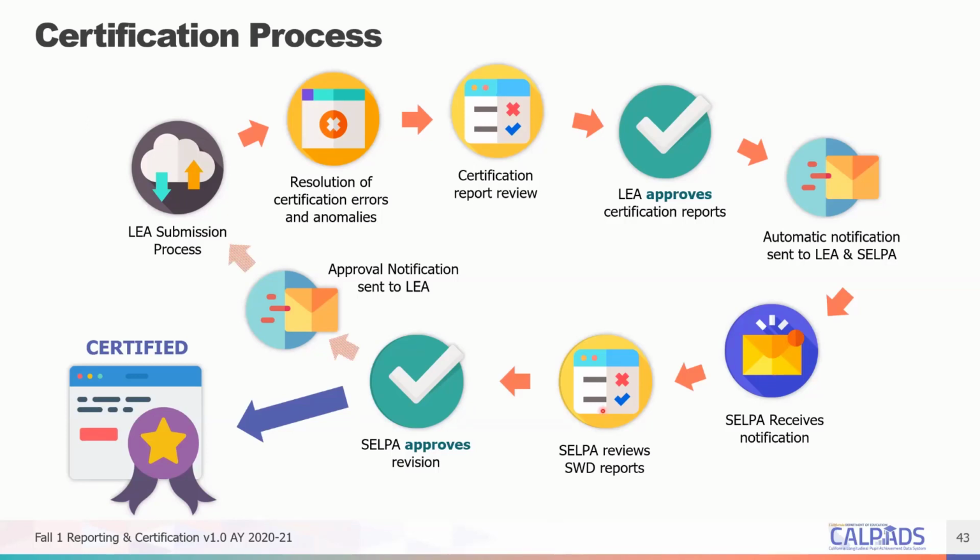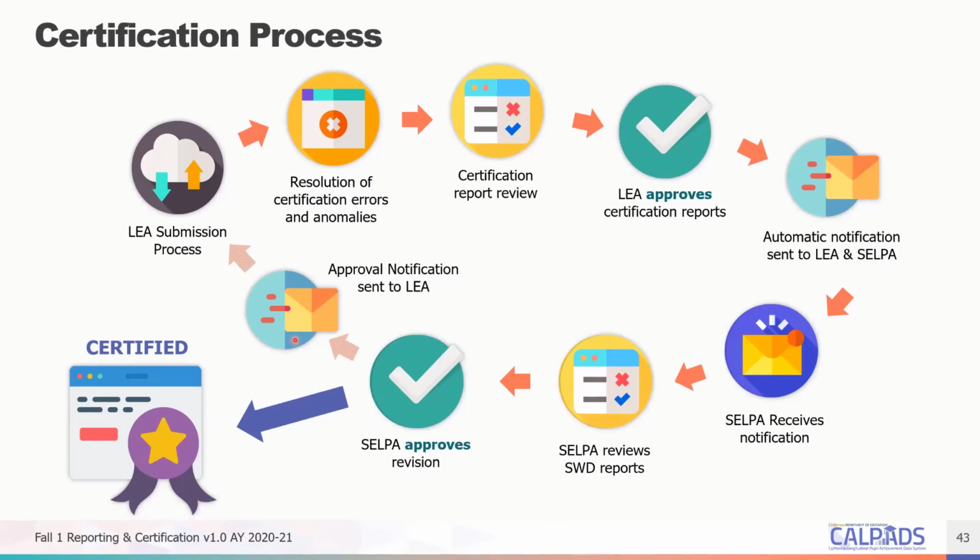They'll review your SPED reports 16.1 to 16.6. If all the counts are good, they then approve. Essentially, two green check marks. If the SELPA approves, then you're certified. Then you also get a notification that your SELPA approved your data, your report.